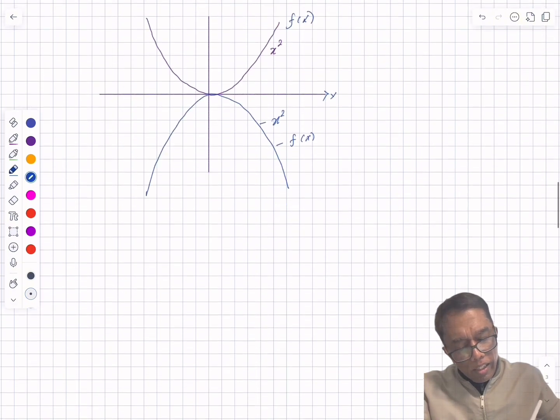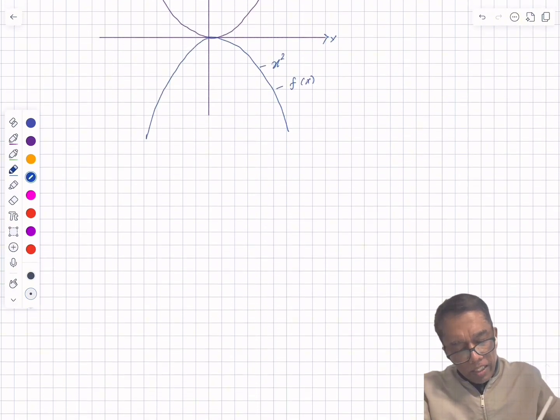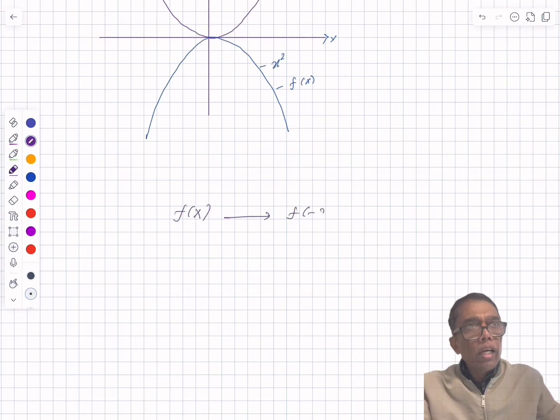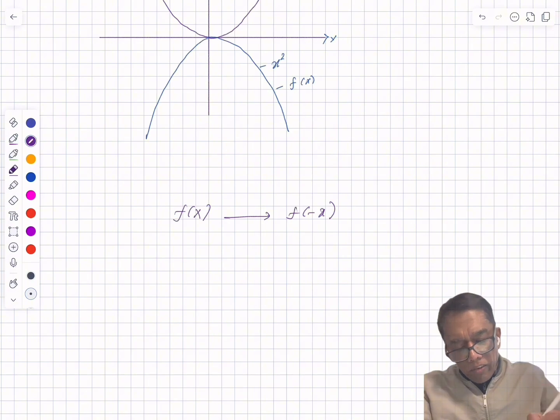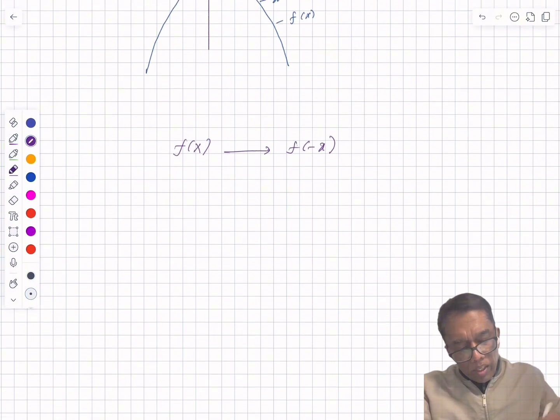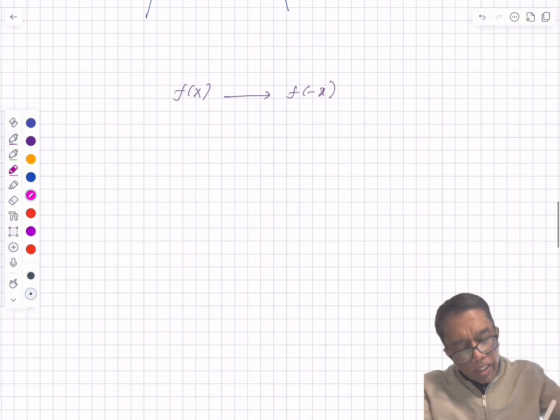Next one is, if f(x) is given, which goes to f(−x), it is reflected in the y-axis. I'll draw a graph. Here I'll consider f(x) = x³.